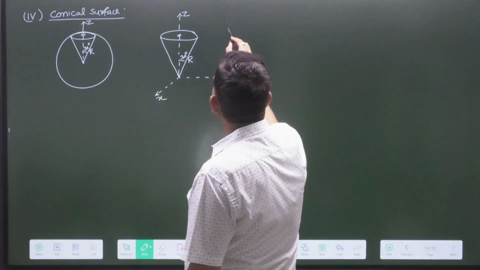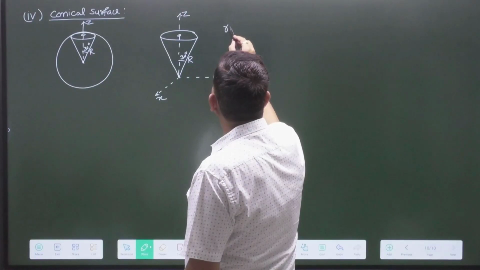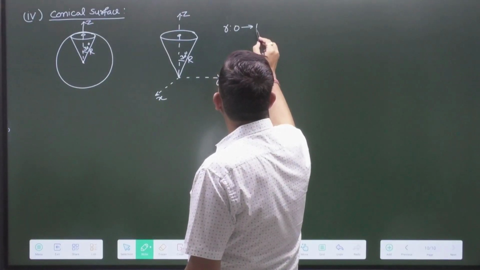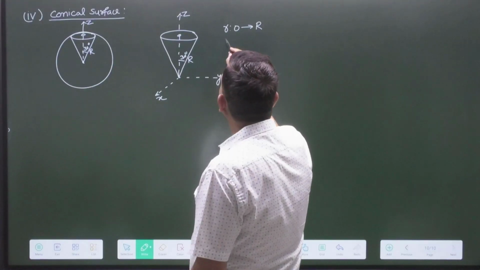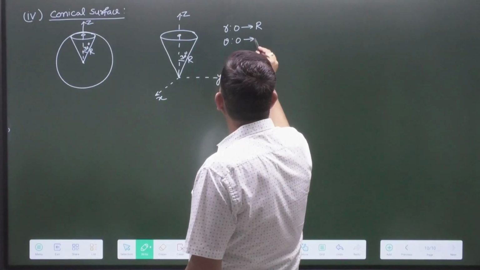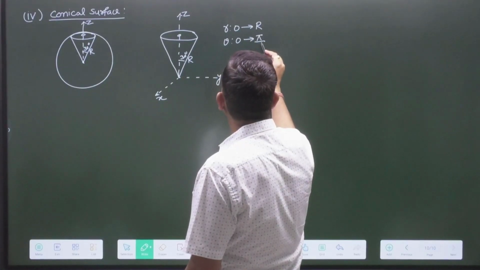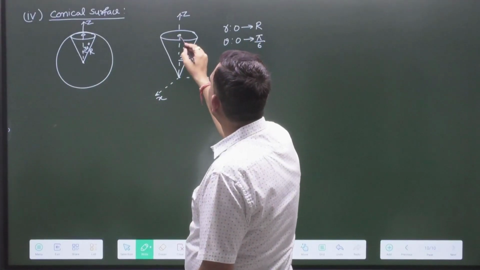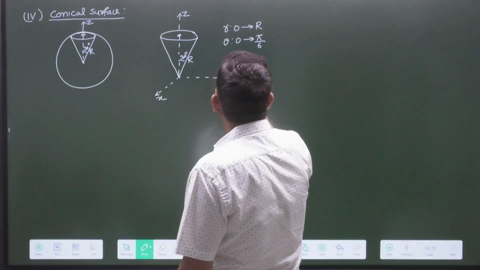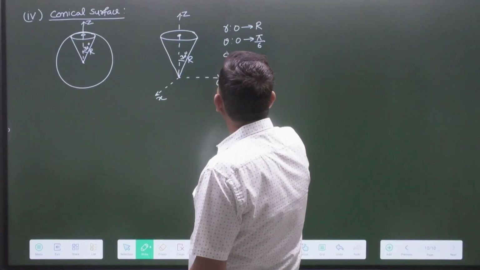So in this case, r can vary from 0 to R. Theta can vary from pi by 6, 30 degree. Theta can vary from this point to this point only. And what about phi?